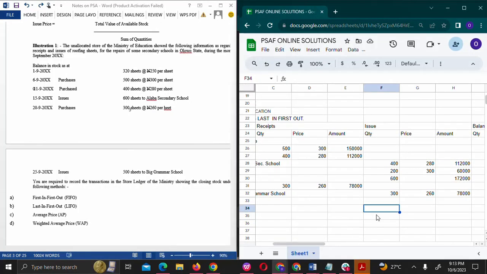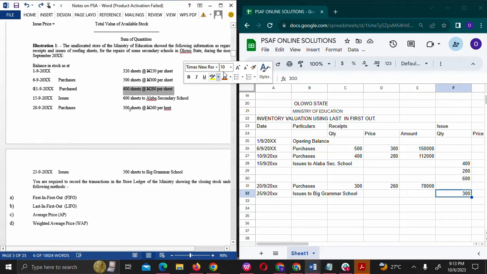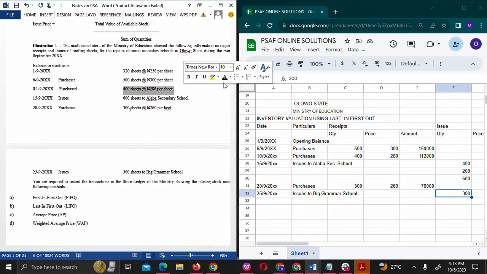The first issue. So I was saying that for the issues, I've done 300 already. But don't forget that I have issued out the whole of the 400. I've issued out the whole of the 400.